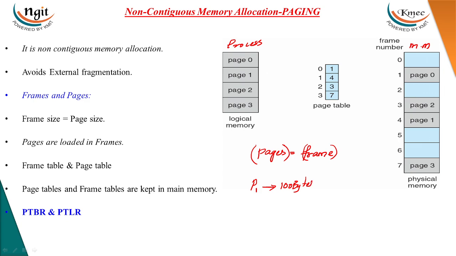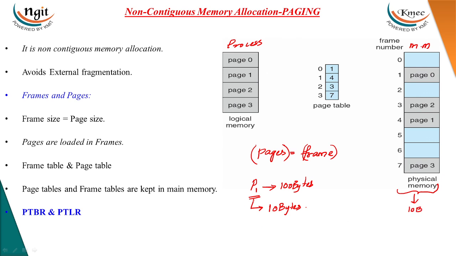The operating system decides that all processes will be divided into pages, and the page size is 10 bytes. Then the physical memory is also divided into 10-byte frames.